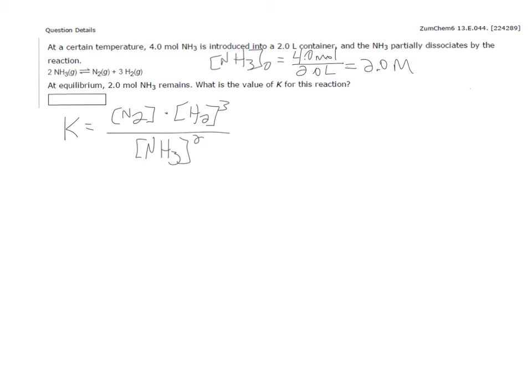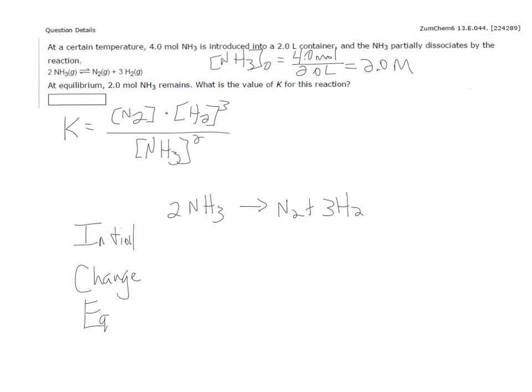Now for the ice table. First, let's rewrite the equation. And then we're going to list conditions as we were given them. So initial conditions, then we're going to track the changes in conditions, and lastly we'll list the equilibrium conditions.